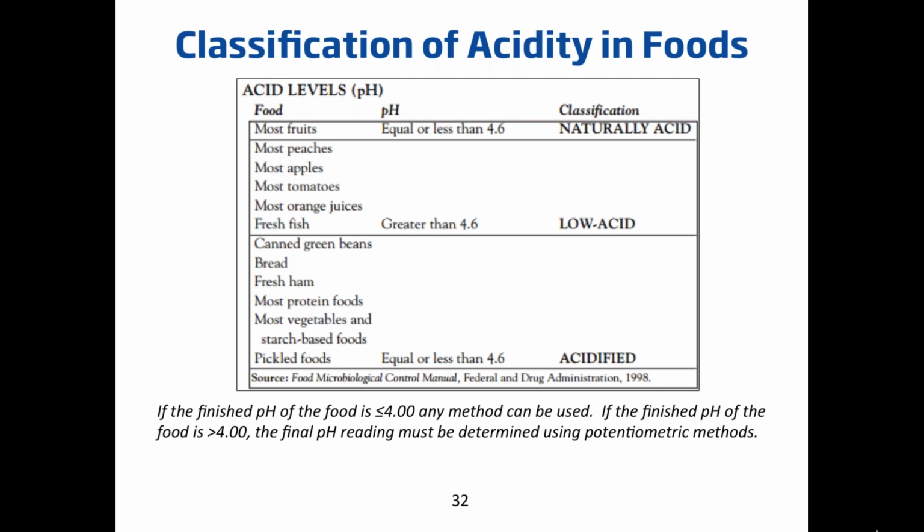If the finished pH of the food is less than 4.0, you can use any method for measuring pH, a colorimetric method. But if you're in that critical range, like right on the line of whether or not that food is shelf stable, which the regulation defines as between 4.0 and 4.6, that potentiometric method must be used.